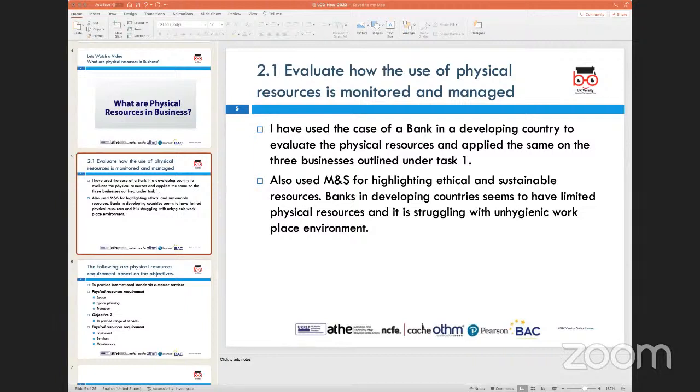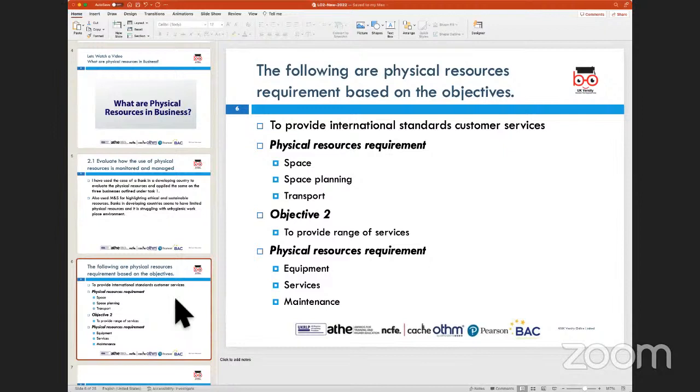Those are the things you would need to consider before the bank even decides to take up this space and go into this physical space to open branch operations in a particular area. And because these are being done to provide services to customers, you would look into the detail: space planning, transportation links, and what kind of services could be provided.